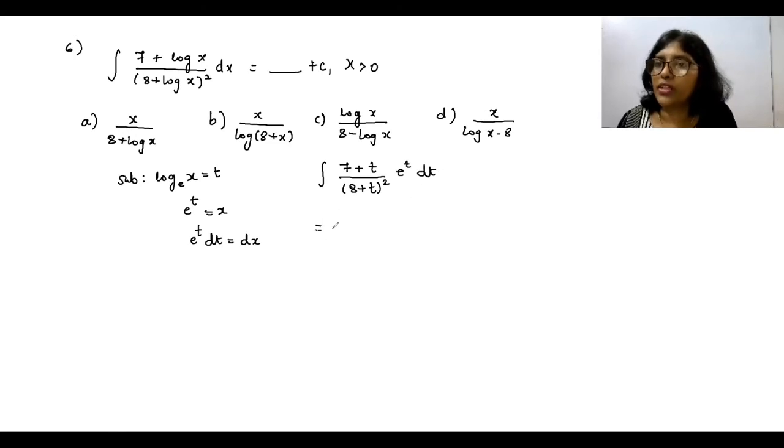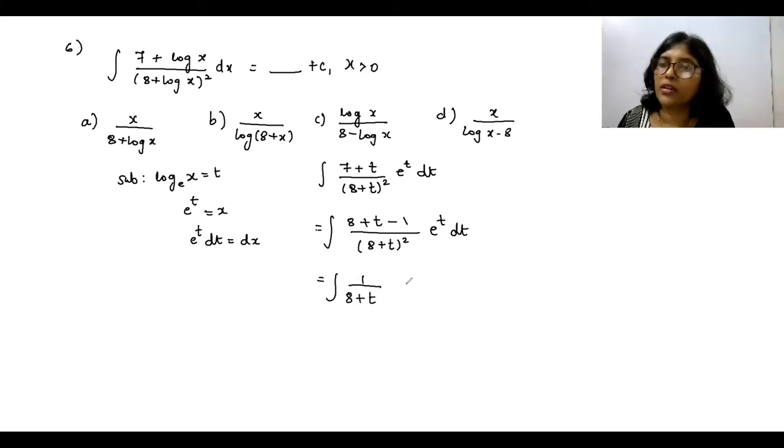Now since we have 8 plus t in the denominator, let us adjust the numerator, add 1 and subtract 1. Finally it is 7 plus t, which we have written as 8 plus t minus 1. And if we separate this, this is 1 upon 8 plus t and minus 1 upon 8 plus t the whole square.